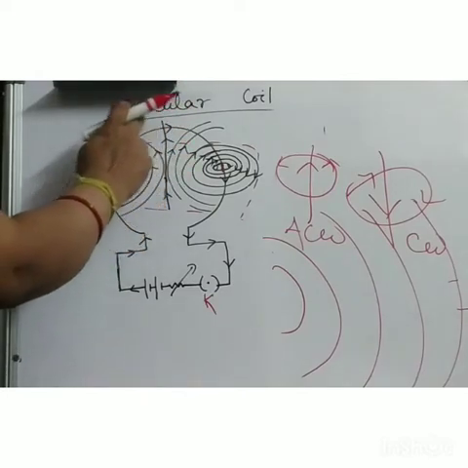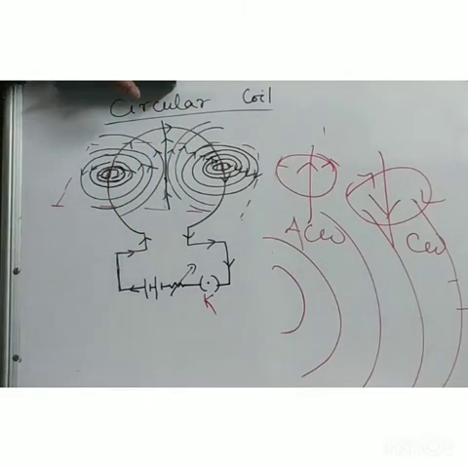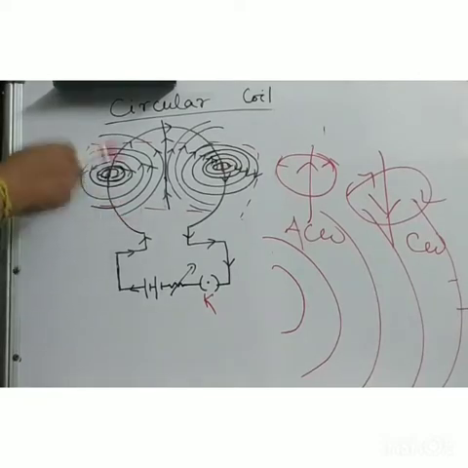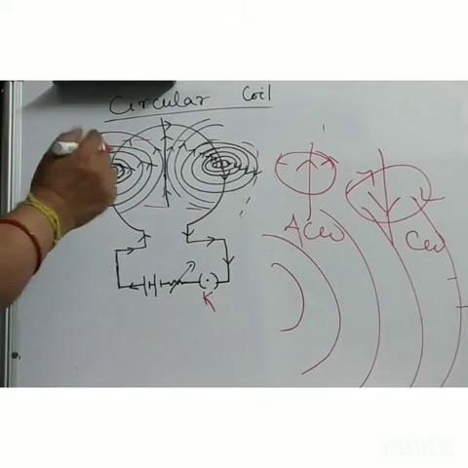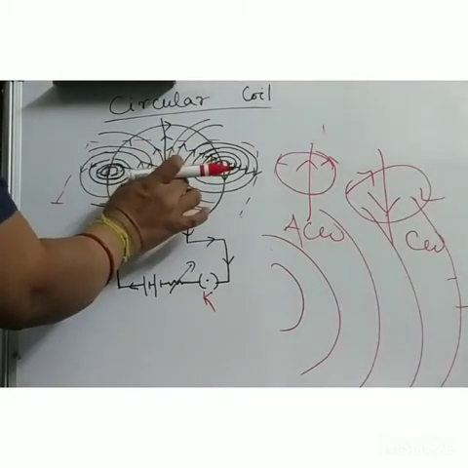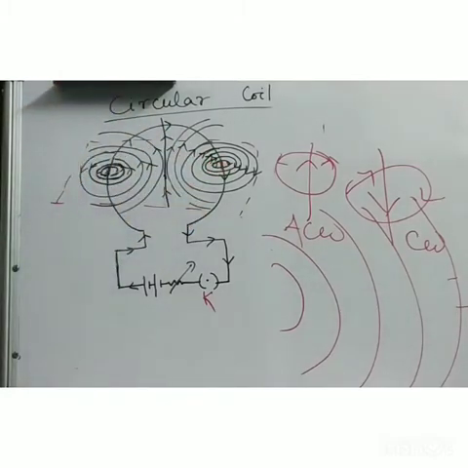So is the third point clear? Near the center of the coil, the field lines are nearly straight and parallel. So you can take it that a uniform magnetic field exists near the center.